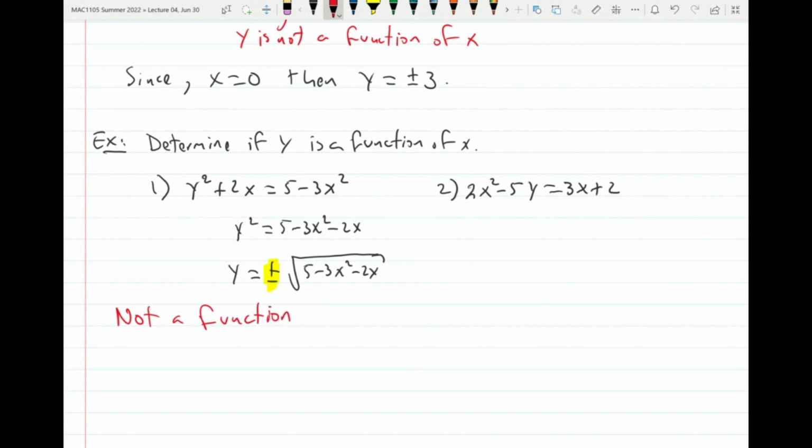Not a function. And then we can say, well, let me be a little more precise. So not a function since the points (0, square root of 5) and (0, negative square root of 5) are on the relation.